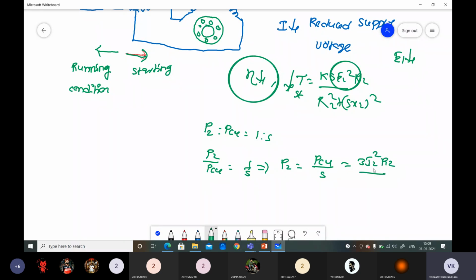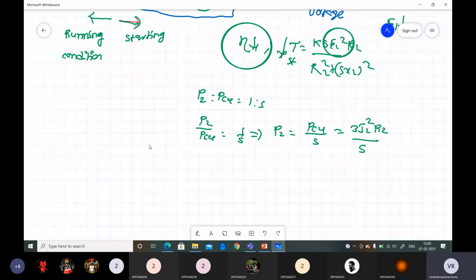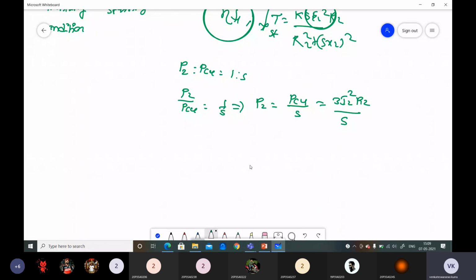So this is the formula for copper loss divided by slip S. But the expression for power in terms of torque is tau into angular velocity omega equal to 3 I2 square R2 by S.